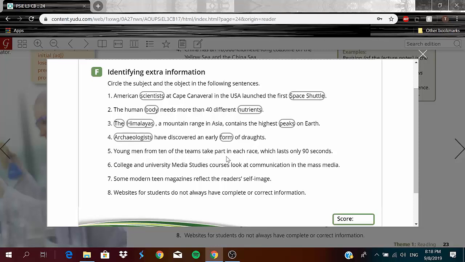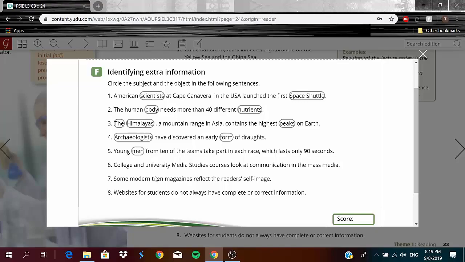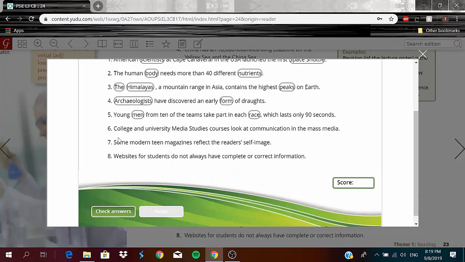Young men from 10 of the teams take part in each race, which lasts only 90 seconds. So we'll say men, okay, and race, right? Then we have 6.